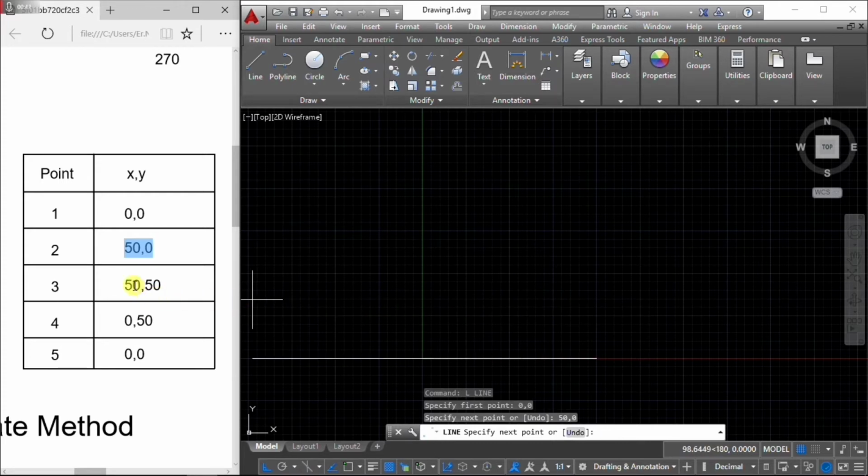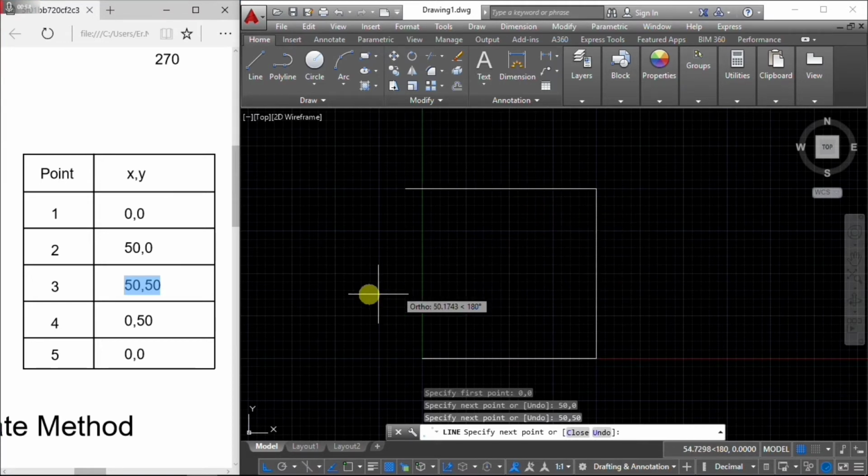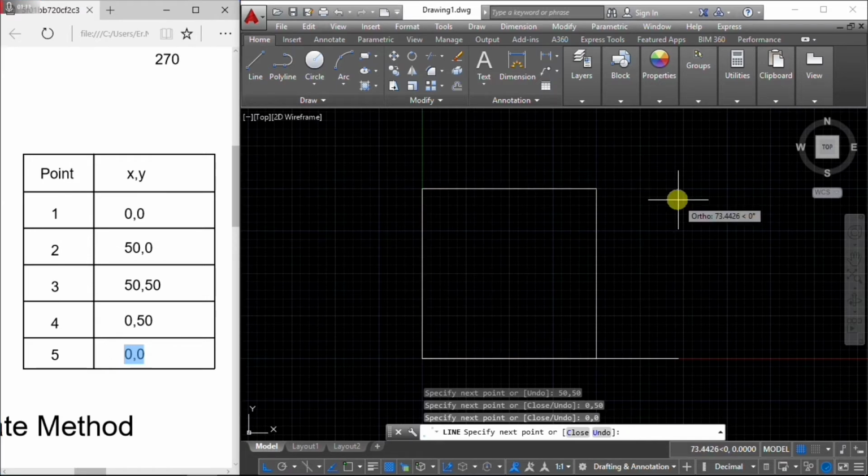Then I want to specify the third point, that is 50, 50. Then enter. And the fourth point 0, 50. Enter. And finally 0, 0. Enter. Then press the escape key to come out of the command.